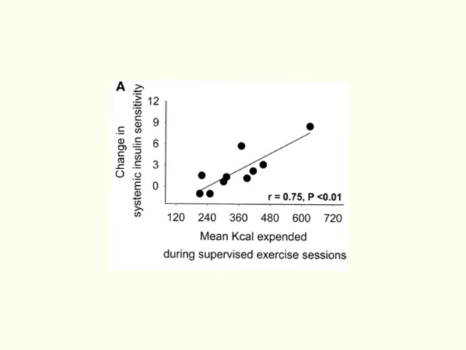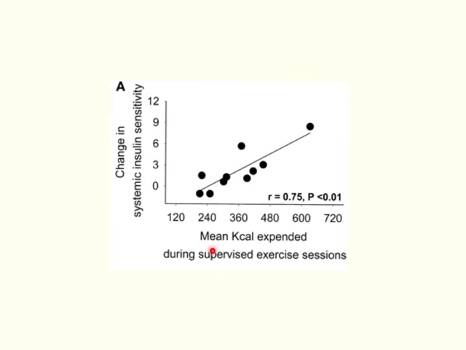So this shows a graph that I took from a paper looking at the relationship between physical activity and glucose control in type 2 diabetes. And so you can see here, this is a lovely, strong correlation of 0.75. Okay, so that's, as we saw in the other video, a really high correlation.